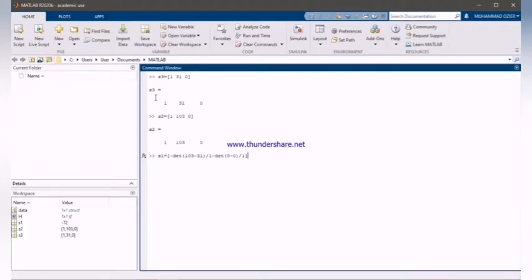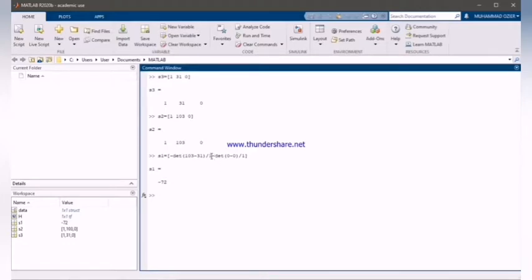And press enter. Okay. So the answer is negative 72, and I don't know why, usually it must have 0 and 0 here.